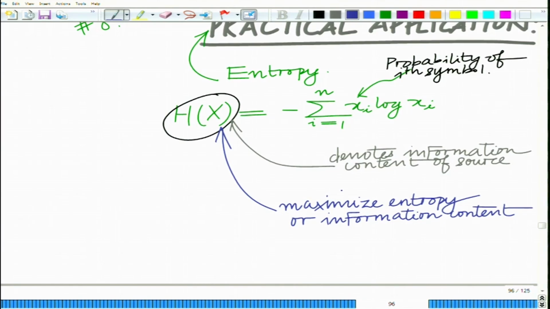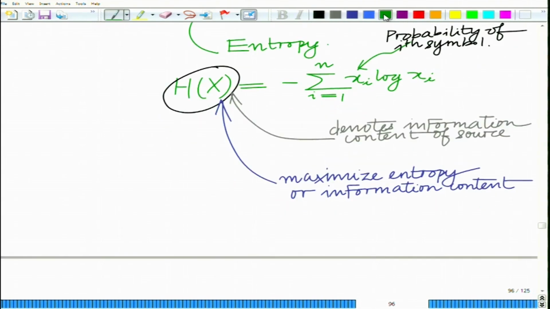This is a very important quantity in information theory, and by extension also in wireless communication and signal processing. In fact, in many fields, machine learning also, since information theory has widespread applications in various fields. So, therefore, this quantity entropy is very important.